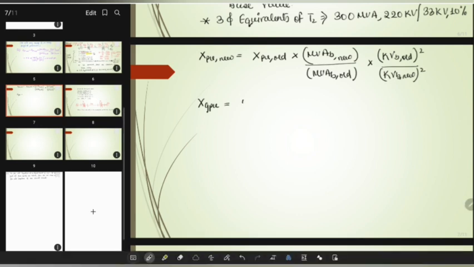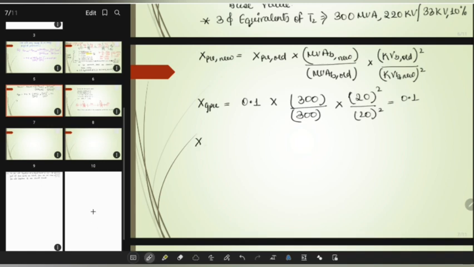What we will get? 0.1 into MVA base new value is 300 and MVA base old value is 300, into kV base old value is 20 and kV base new value is also 20. So this will give you 0.1.